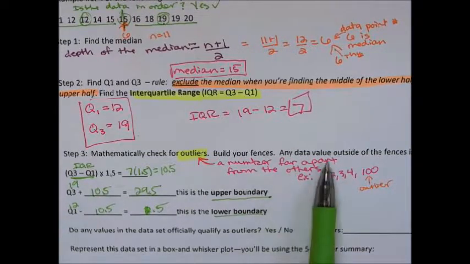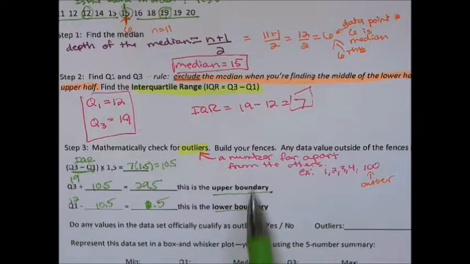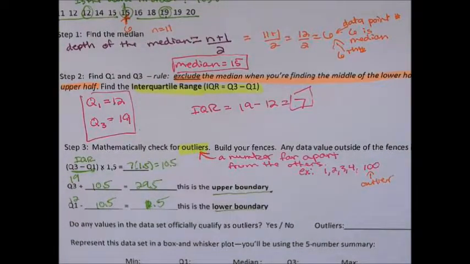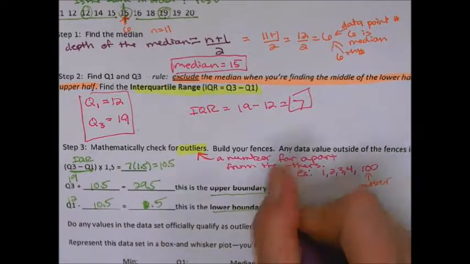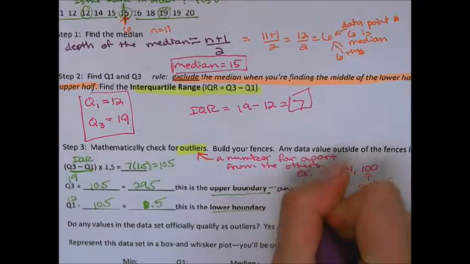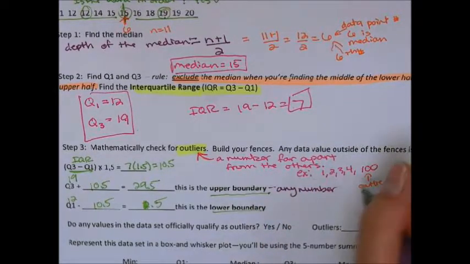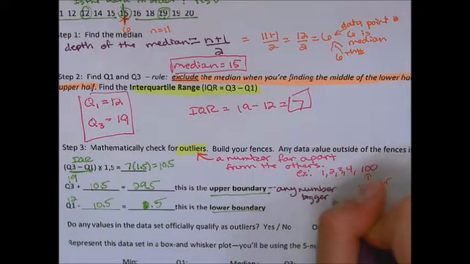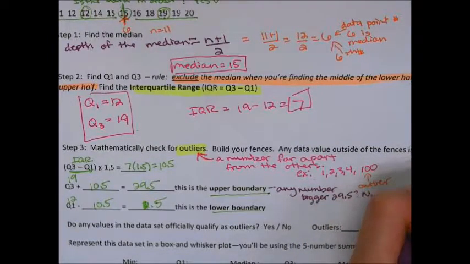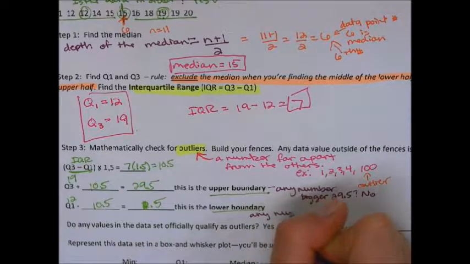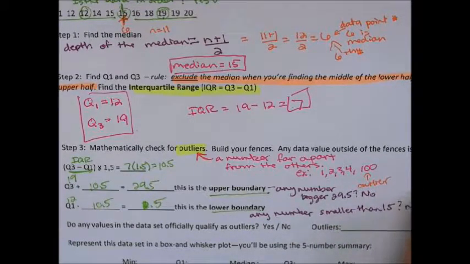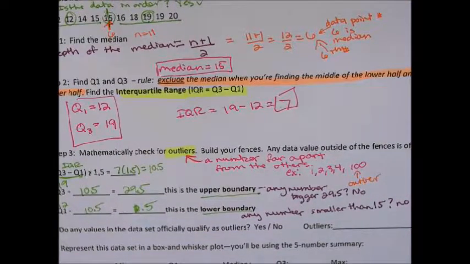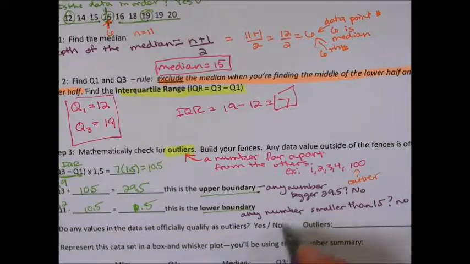So any data value outside of these numbers is an outlier. So do I have anything bigger than 29.5? No. Any number smaller than 1.5? No. So we have none.